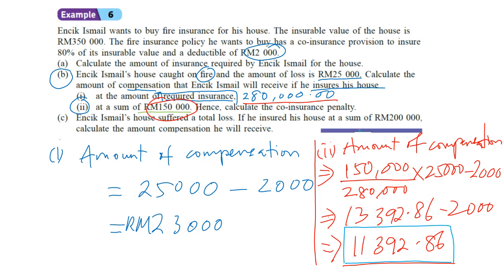You haven't answered the question yet. You have to calculate the co-insurance penalty. How much is the penalty?